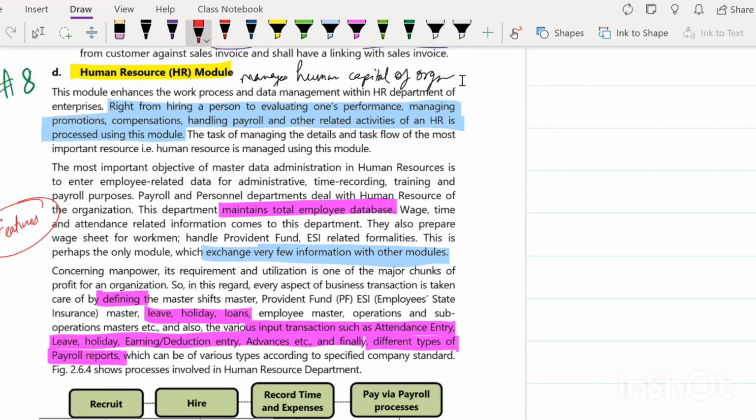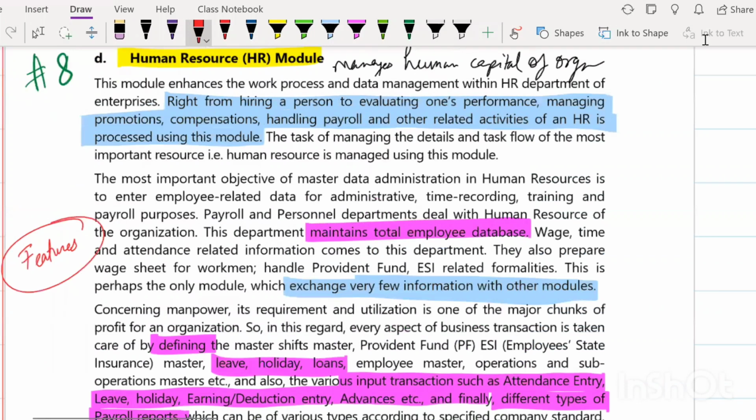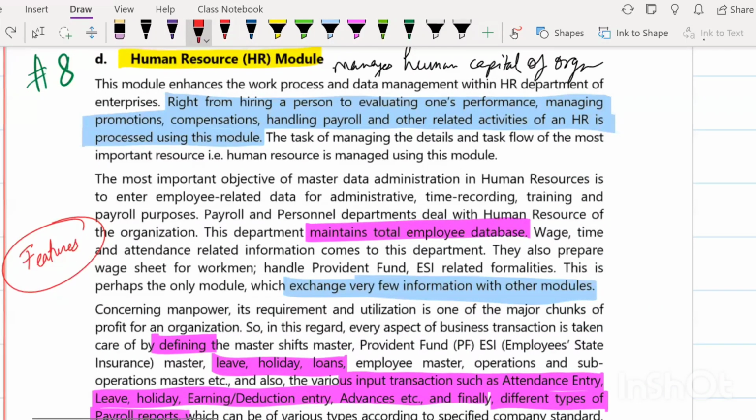So this module will help you manage the data related to the human capital that is there in your company. Right from hiring a person, from the recruitment phase to evaluating one's performance and managing their promotion, compensation, handling the payroll and other related activities of an HR, this module can be used.